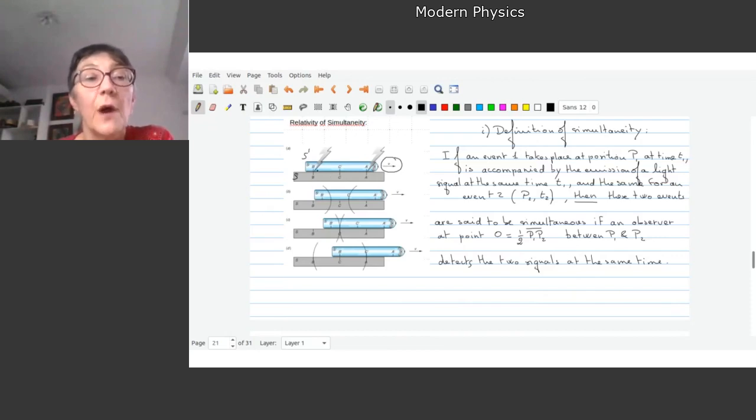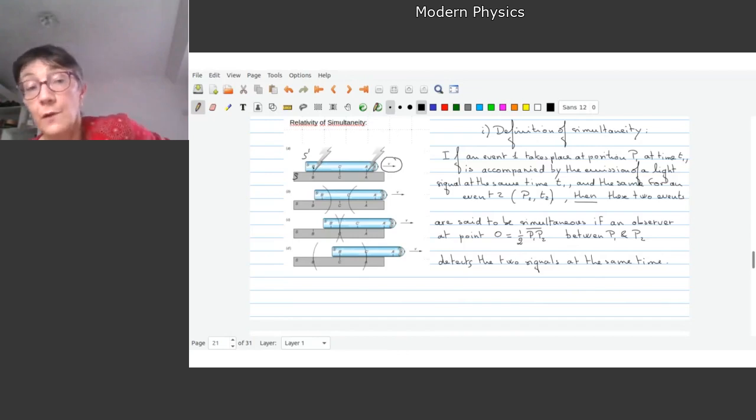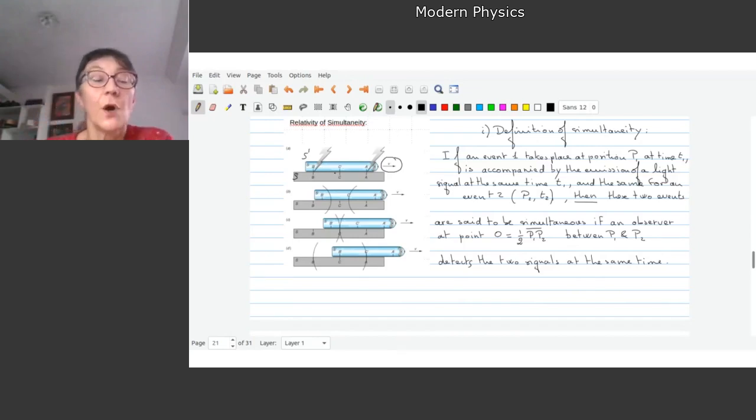And so you have 3 points here: A, B, and C. What happens? You have some thunder, and it's important because you will have a mark at the place where the lightning strikes, and you will have some light signal.